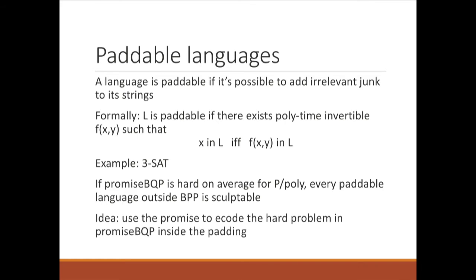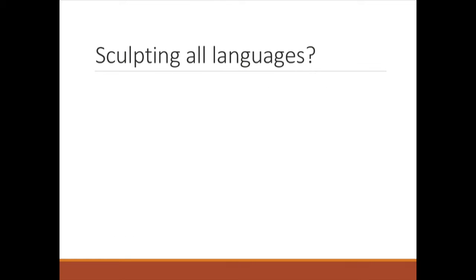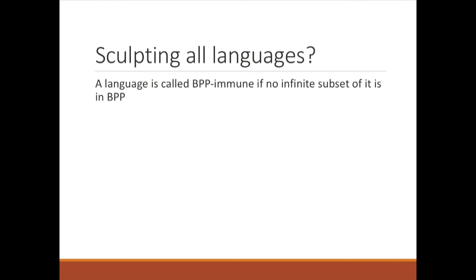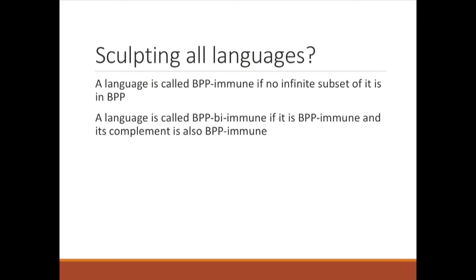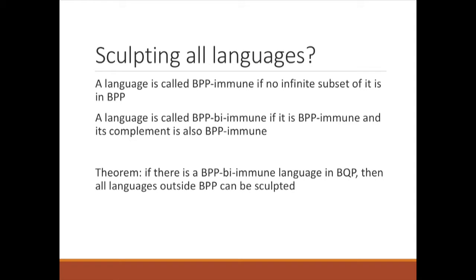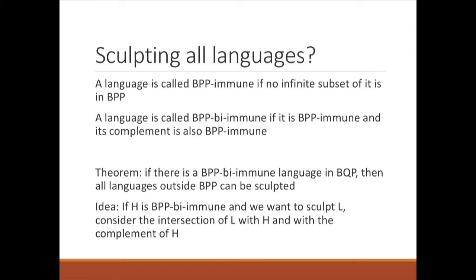And we have another result that says every language can be sculpted in the Turing machine model if you assume a stronger conjecture, which says that there is a BPP bi-immune language for BQP. It doesn't matter exactly what that is, but if you assume sufficiently strong conjectures, you get equally strong results.